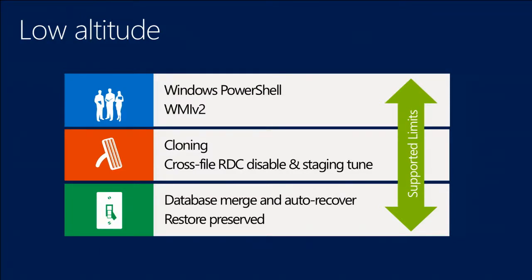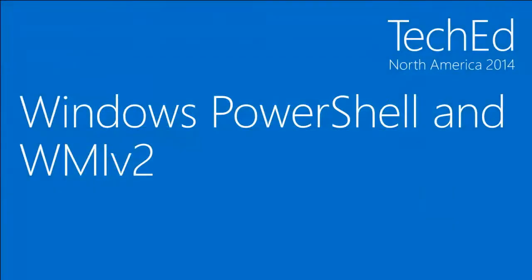Cross-file RDC disable, staging, some tuning stuff, database merge, some database recovery pieces, and restoring preserved files. All this is going to go towards raising our supported limits. So stay to the end and you'll find out what the supported limits are. If you leave early, you're going to miss out on the supported limits. Very exciting. Okay. PowerShell.